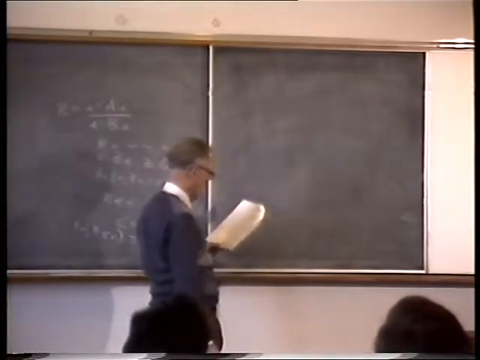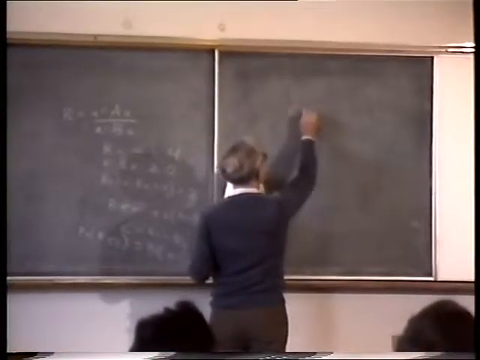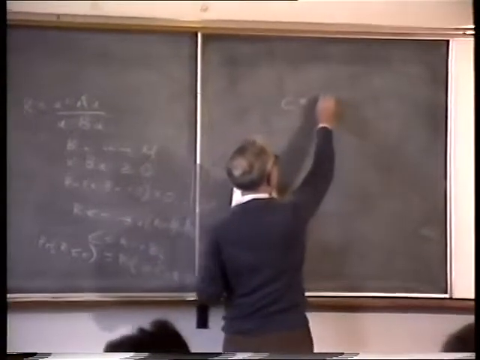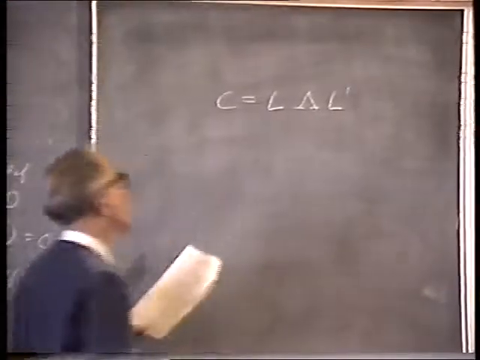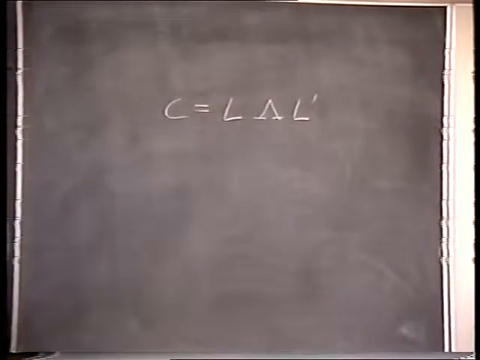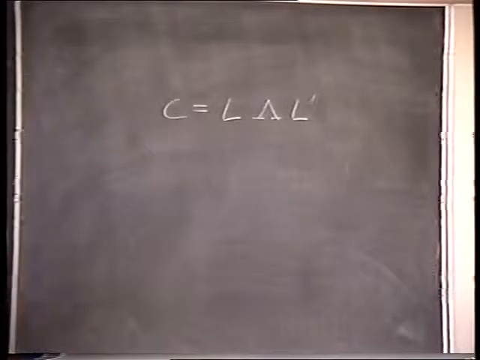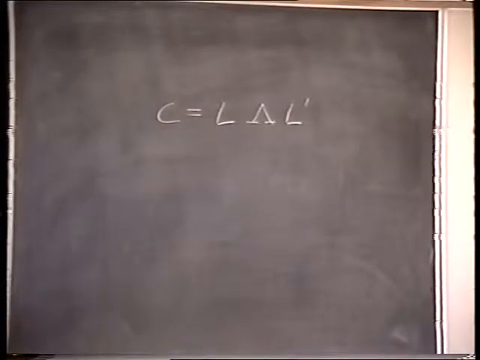As before, though it's a slight change in the use of the symbols L, lambda and L prime, let's take it that the canonical form can be written as here, with L an orthogonal matrix and lambda a diagonal matrix with diagonal elements lambda i.